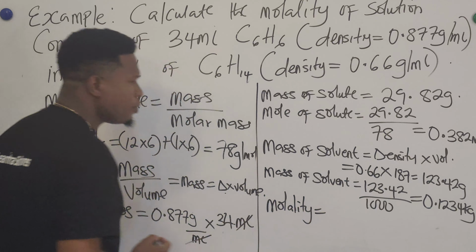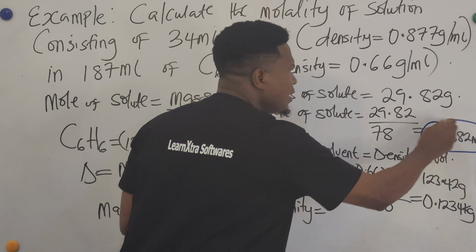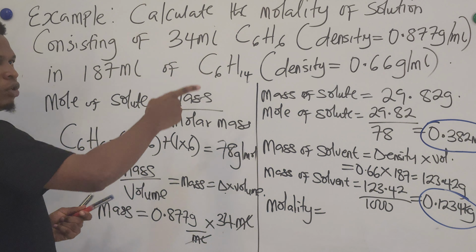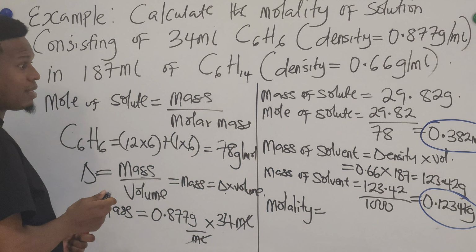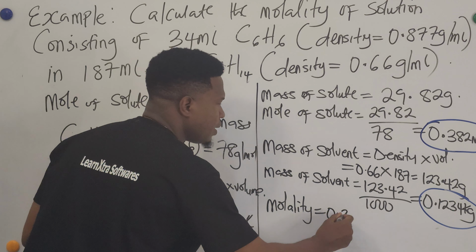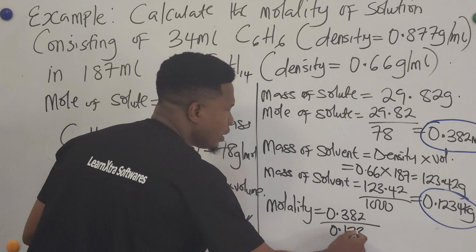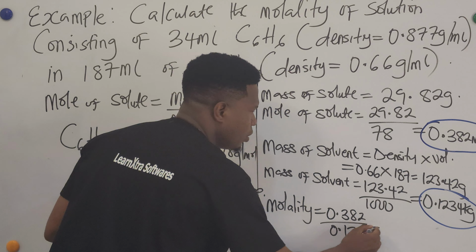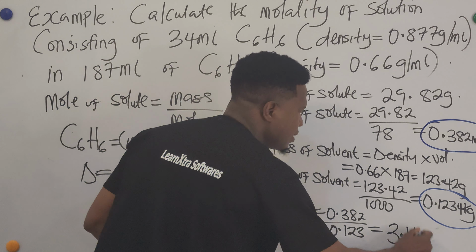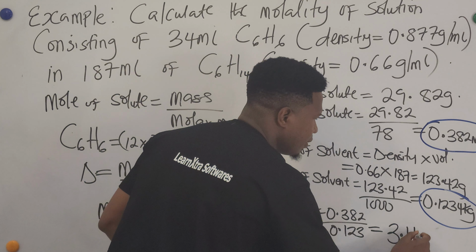The molality becomes dividing this with this: mole over mass in kilogram. So it's going to be 0.382 divided by 0.123. When you do that division, you have 3.10, right? 3.11. Let's use 3.11 mole per kilogram.